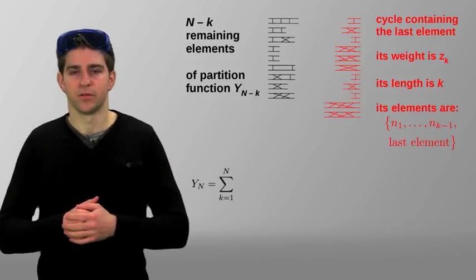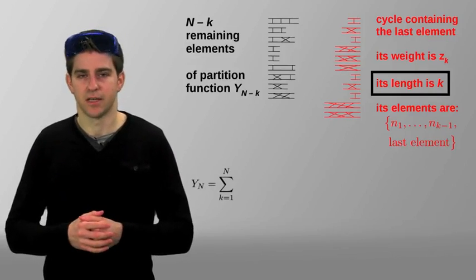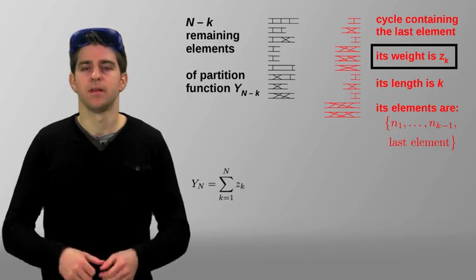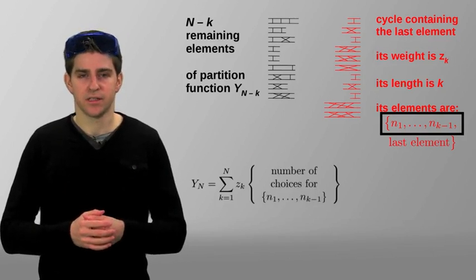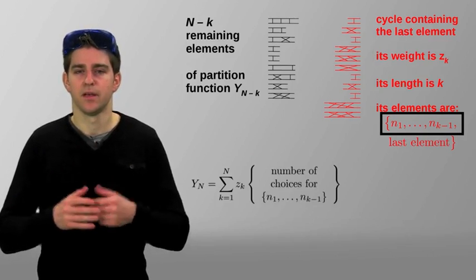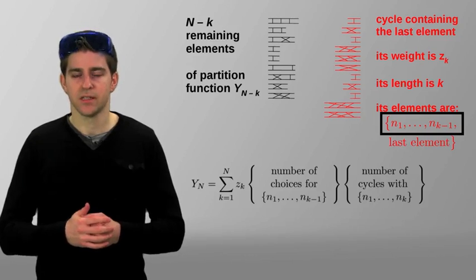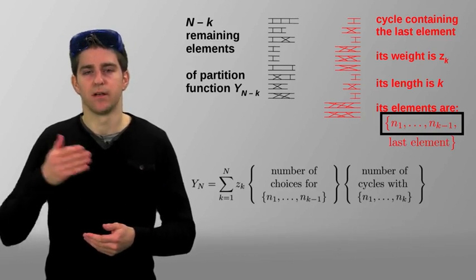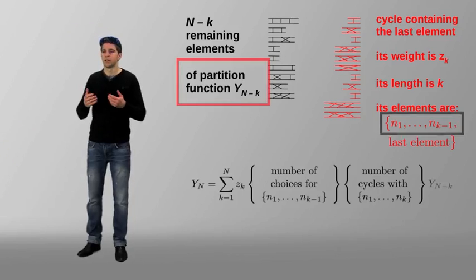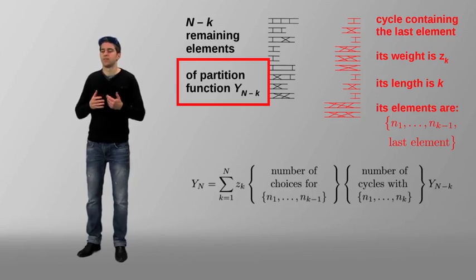Y_n is computed from the number of choices k, the cycle weight z_k, the number of different sets n_1 to n_{k-1} given k, the number of different cycles given the set n_1 to n_{k-1} and n, and the partition function Y_{n-k} of the particles that do not participate in the last element cycle.